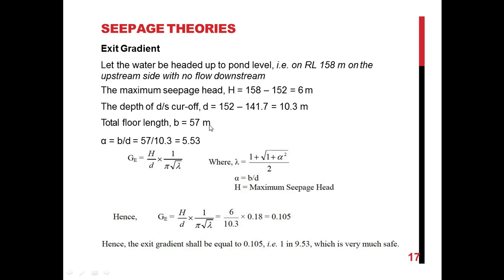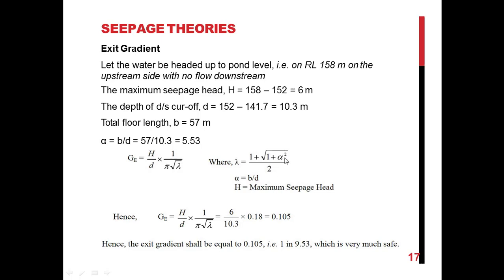So finding the value of alpha, alpha is B divided by D, equal to 57 divided by 10.3 equal to 5.53. Now using this equation, first of all find the value of lambda, and lambda is equal to 1 plus under the root 1 plus alpha square divided by 2, and alpha is equal to 5.53.